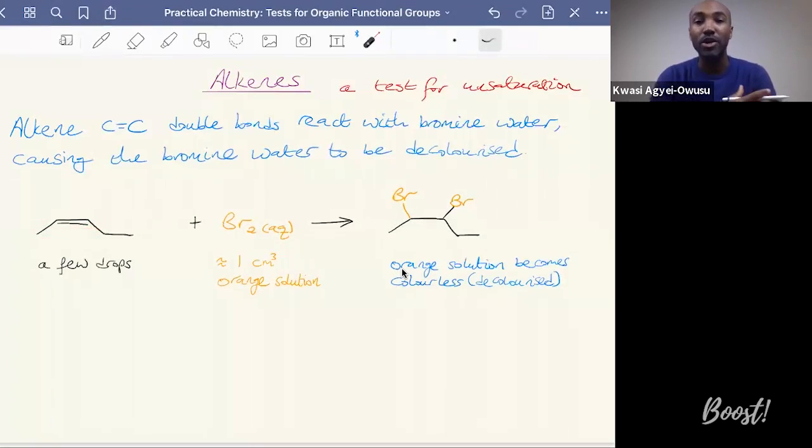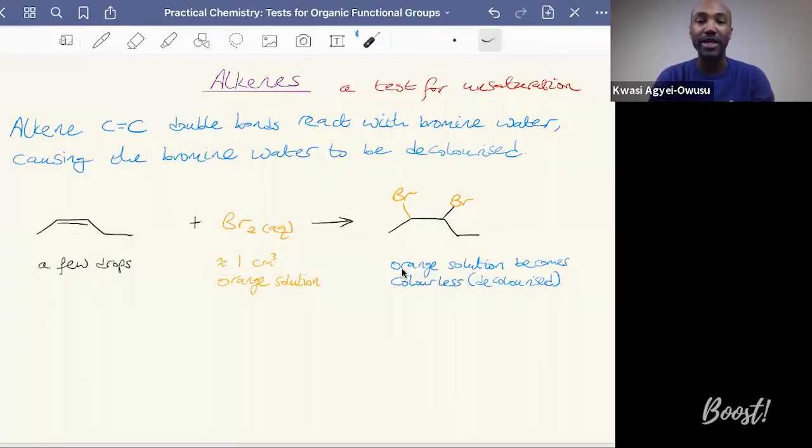Now, you will have already seen in previous sessions on organic reactions of alkenes and mechanisms that you've got an addition reaction happening in this test, and as your bromine approaches the double bond, there is going to be an induced dipole in that bromine molecule, so that the pi electrons in the double bond will attack the bromine molecule. One end of the bromine molecule is Br delta plus, and the other end would have a delta minus. So the pi electrons in your double bond will attack the Br with the delta plus on it.